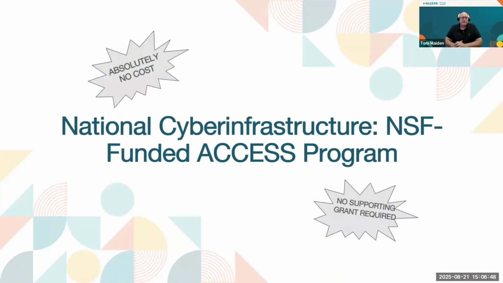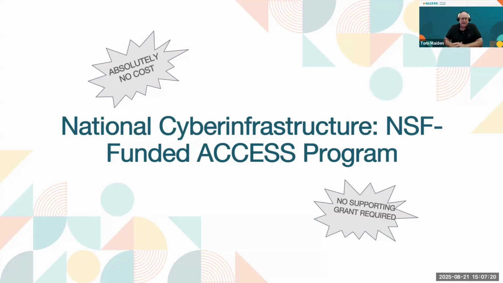So the National Science Foundation funded the Access program. One thing that most people don't understand early on, or that they can't really comprehend, is that this is absolutely free of cost to the researcher. The National Science Foundation gave this grant to a number of centers and to a number of RPs, and there are bits and pieces of funding that already happened, which means that the researcher at the end does not need to contribute any money out of pocket at all.